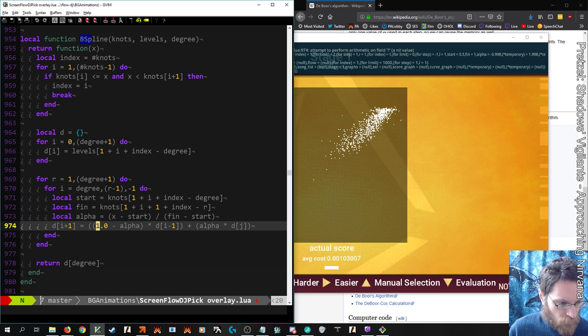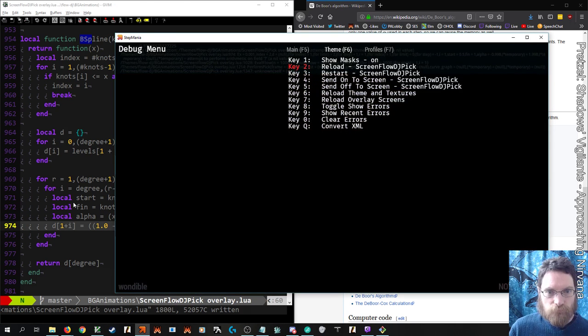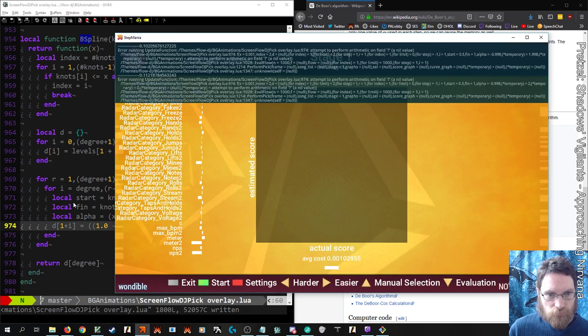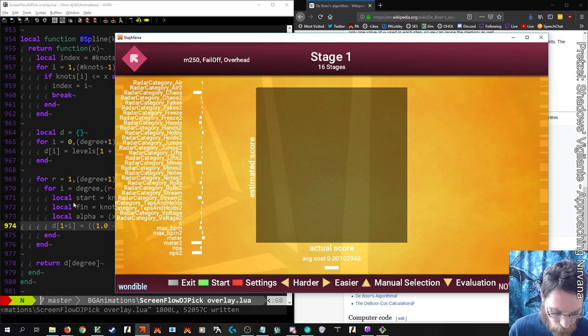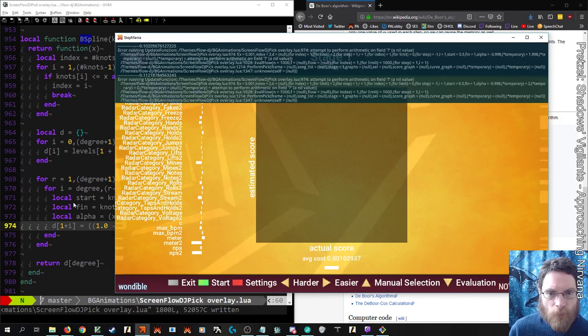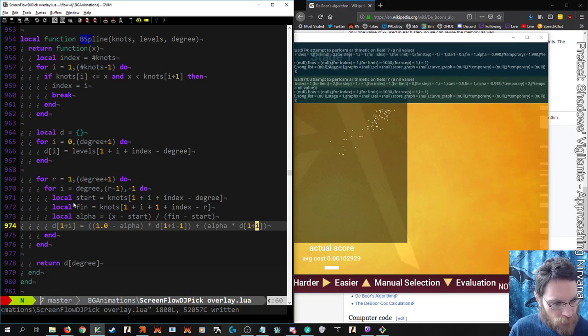Or actually, I guess the better way to do this is the 1 plus, to properly indicate what the heck is going on here. Oh, and it's not J. (974).